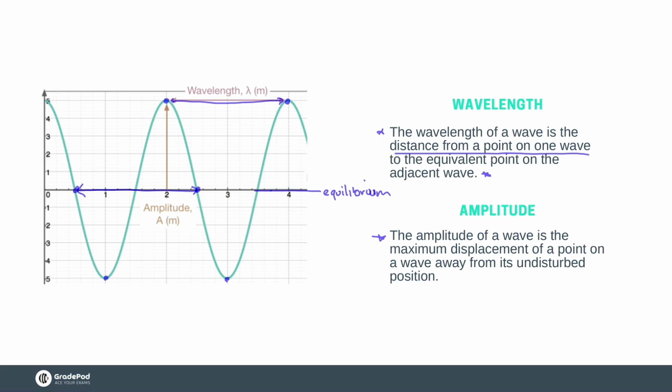When the energy is put into the transverse wave, these particles start to oscillate around the equilibrium position. And the maximum displacement of the oscillation is called the amplitude. So the furthest away that particle gets as it oscillates around its equilibrium is called the amplitude. And of course, it oscillates on both sides, back and forth, like that.